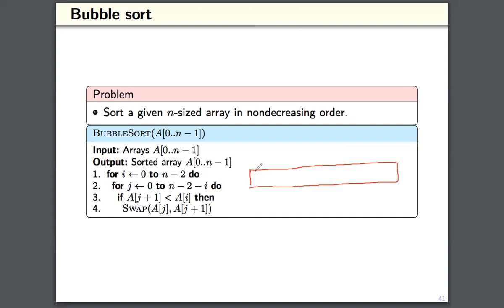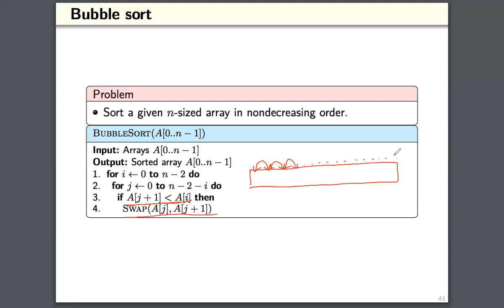You compare two adjacent elements. If they are out of order, you swap. Keep doing it: first element with the second, second with the third, third with the fourth, and so on up till the end.